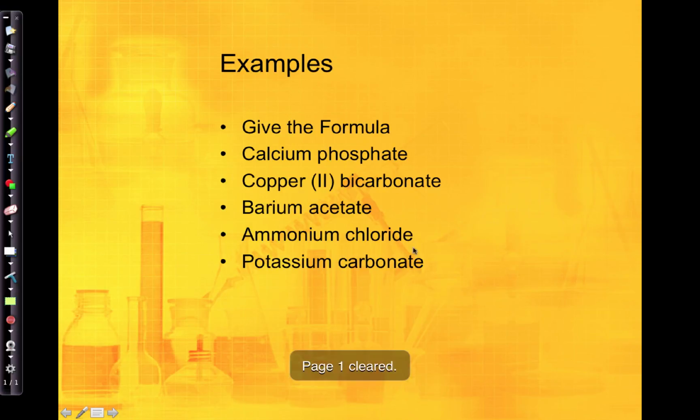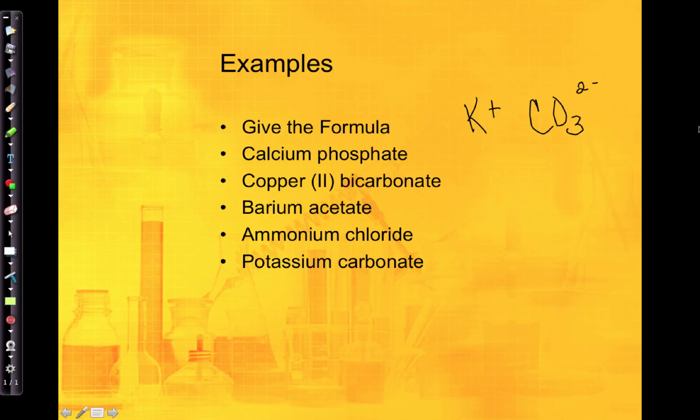All right, so potassium carbonate. Potassium's a metal. I need to look at the charges. So potassium's +1. Carbonate is CO3 with a -2 charge. All right, so bring the metal down, bring the CO3 down. The 1 comes down here, but you don't need to write it.